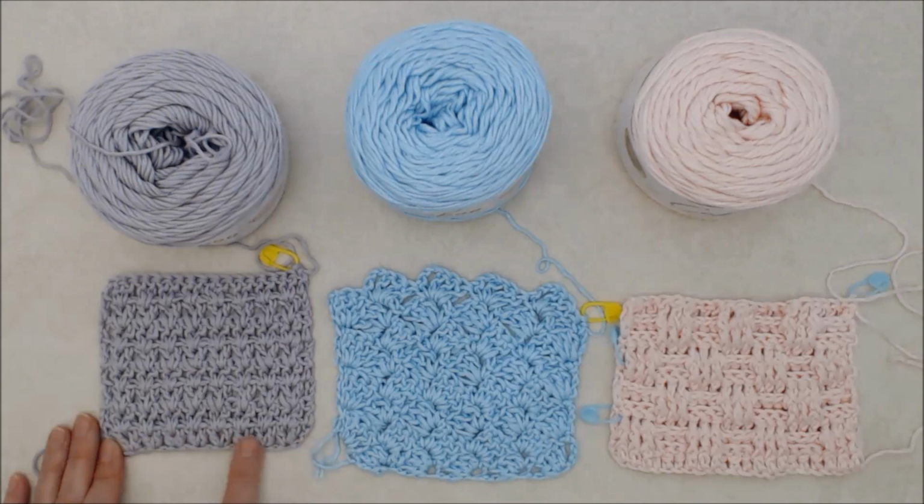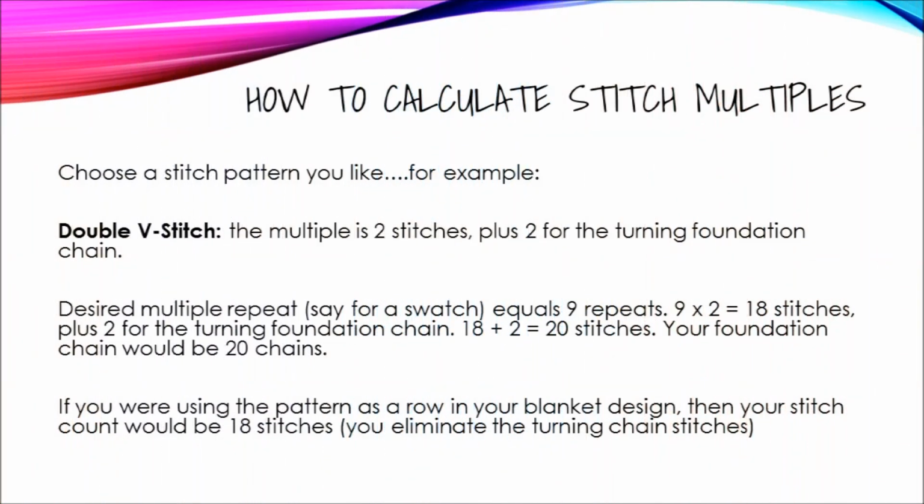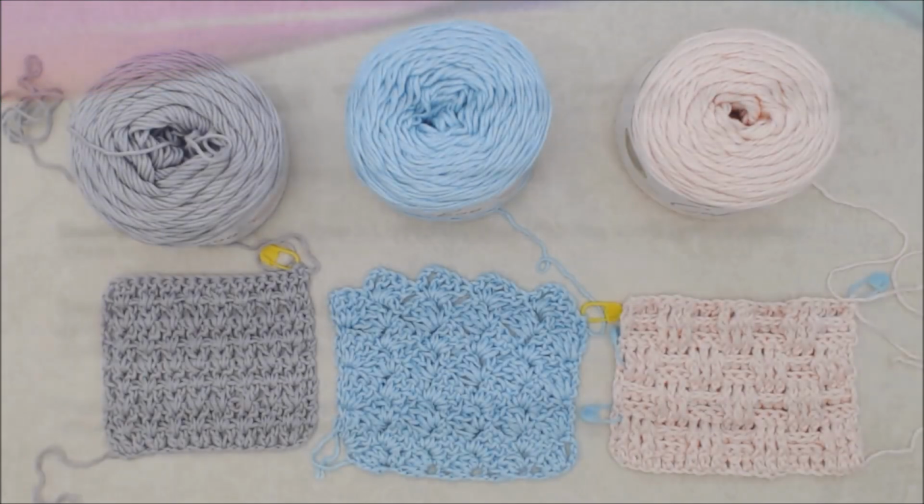So you'd go ahead and make a swatch using that stitch pattern. And I have the written directions here, so you can just stop the video and read that here. I also will have a blog post, and you can find the link for that in the description box below, where you can go and find all these written instructions there.